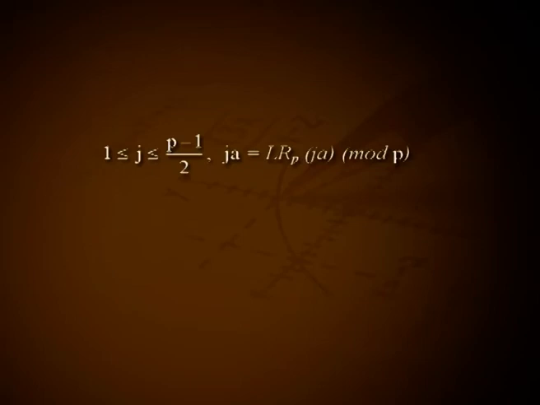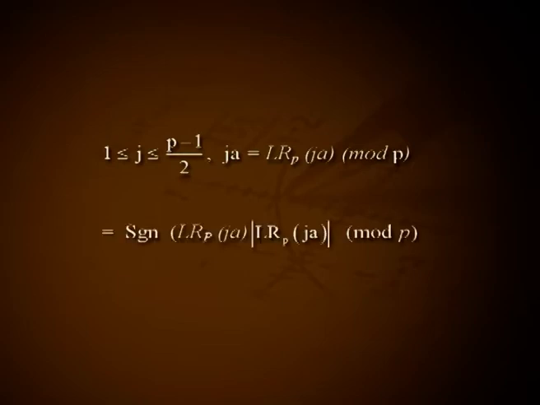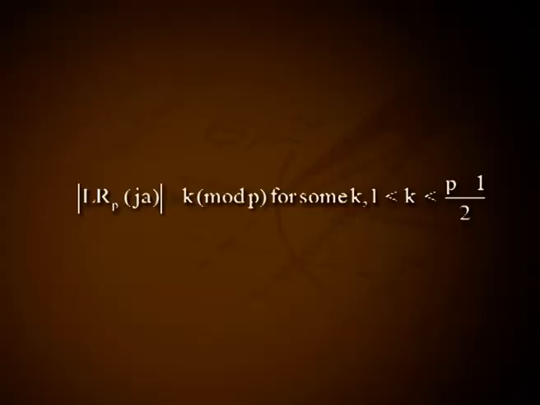Proof. Since GCD of a and p is equal to 1, each of the integers in the set is coprime to p and no two are congruent to each other mod p. Also, for each j, 1 ≤ j ≤ (p-1)/2, ja is congruent to LR_p(ja) mod p, which is equal to sgn(LR_p(ja)) times |LR_p(ja)|. And |LR_p(ja)| is equal to k mod p for some k, 1 ≤ k ≤ (p-1)/2.